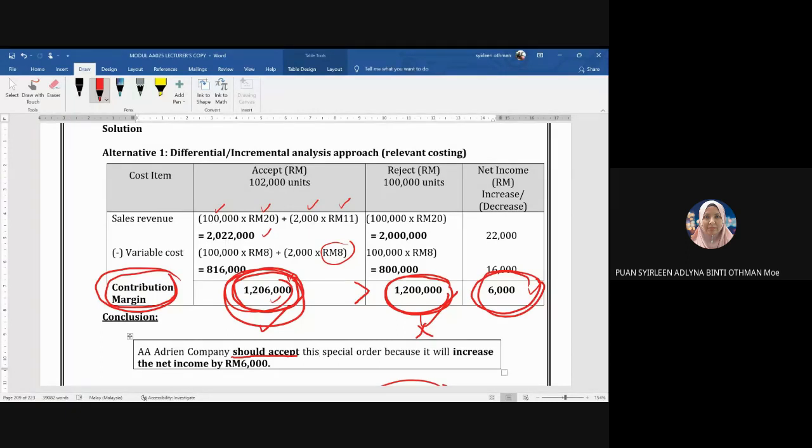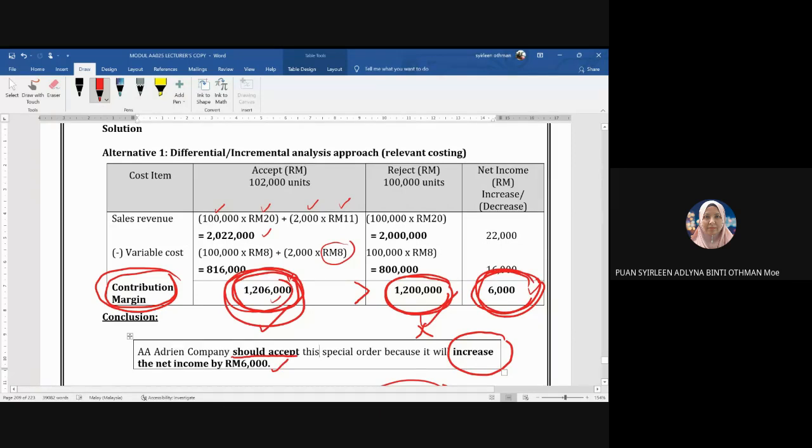Okay, so in this question, I will accept this special order sebab it will increase, akan tingkatkan net income by how much? By 6,000 ringgit.